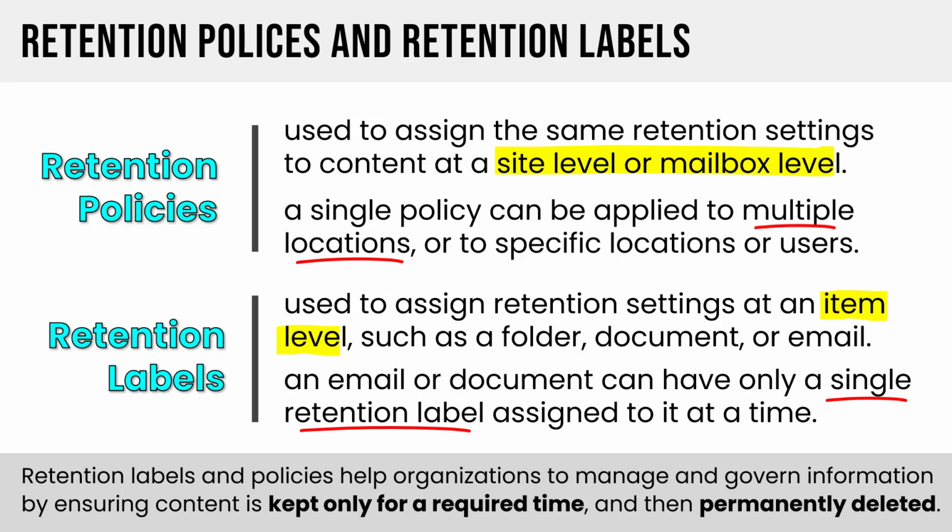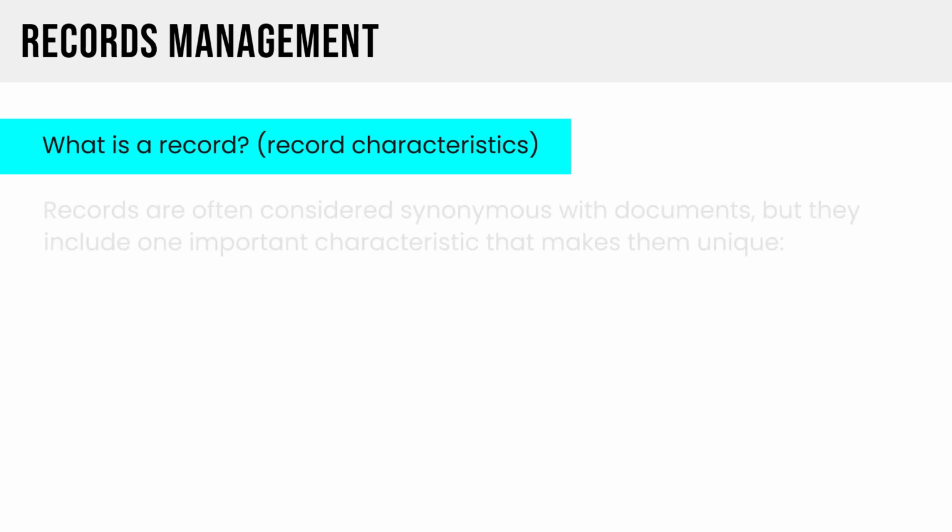Destruction is actually the last phase of the information management lifecycle, and it is very important from a risk management perspective. But these are the basics of retention policies and retention labels, so you'll have that in mind for the exam. So let's talk about records management for a moment. So what is a record exactly in the first place?